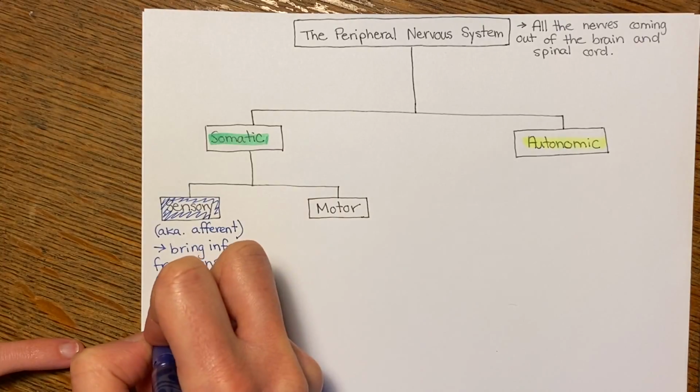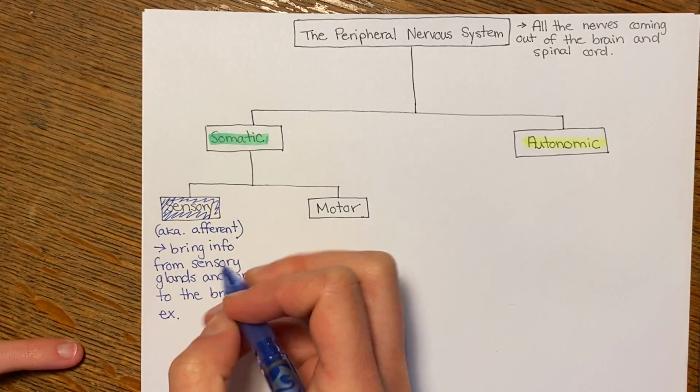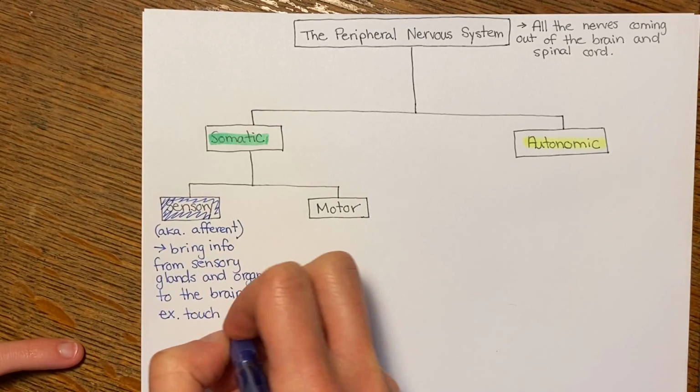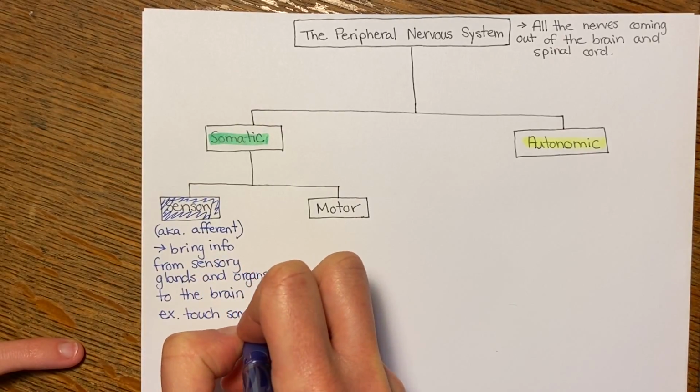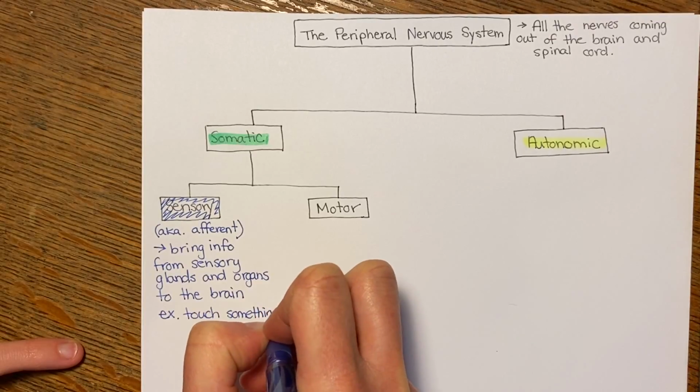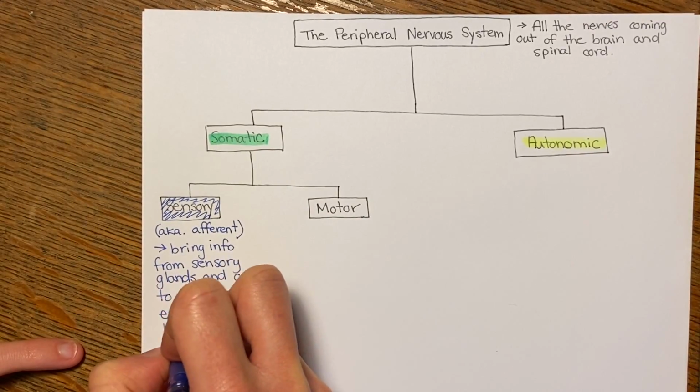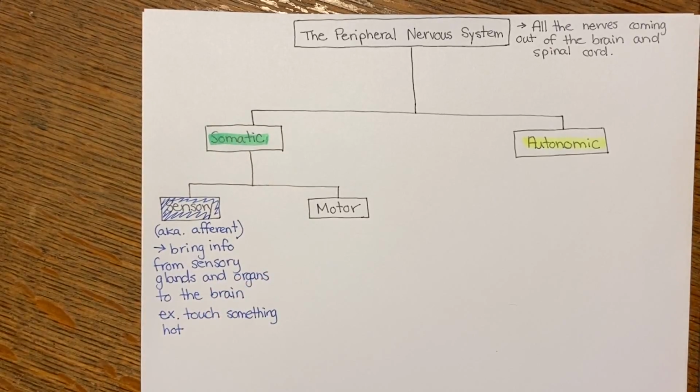So an example, you touch something hot, touch a burner or something. Your afferent nerves will be detecting that signal on your skin and sending that information to your brain that this is hot and could be harmful.